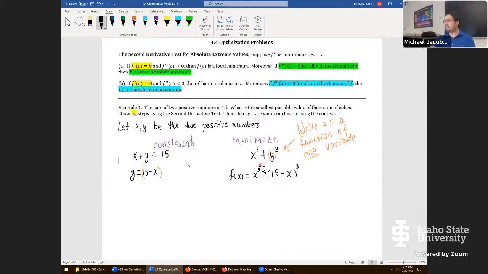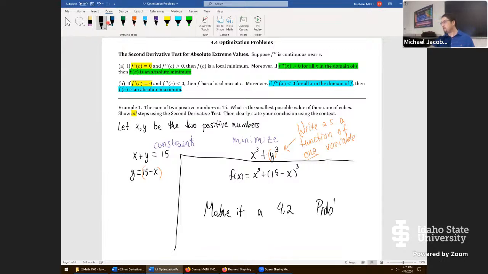And it's at this stage that I think this is good to emphasize. The entire strategy in section 4.4 is to get to here and make it a 4.2 problem. That way you're doing the same exact steps you were doing in the prior section we just finished. So our goal is to abstract away from everything and get down to that function there.